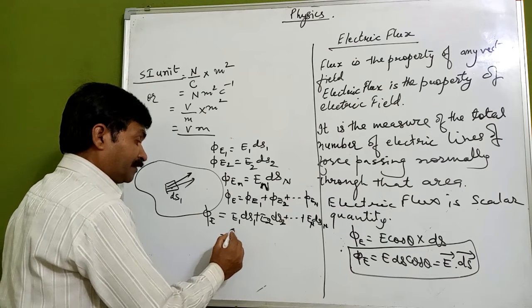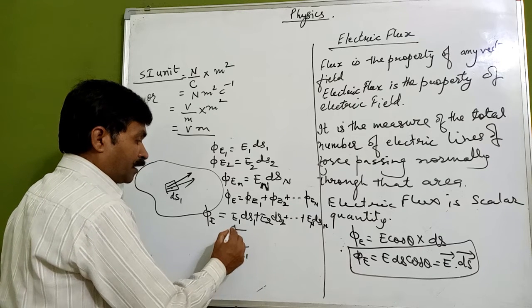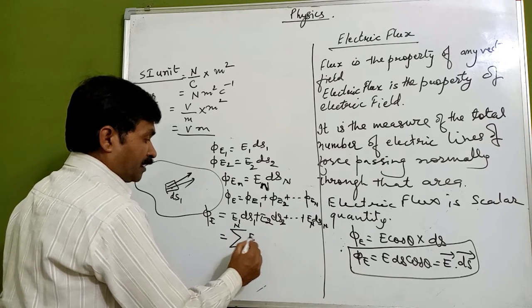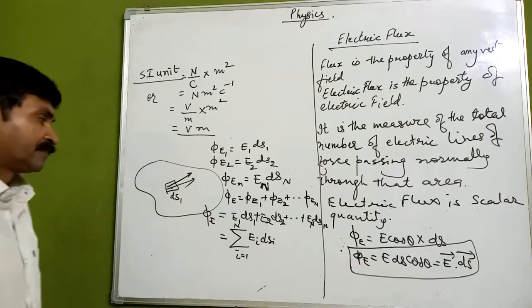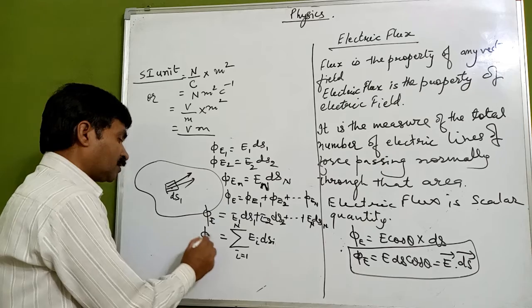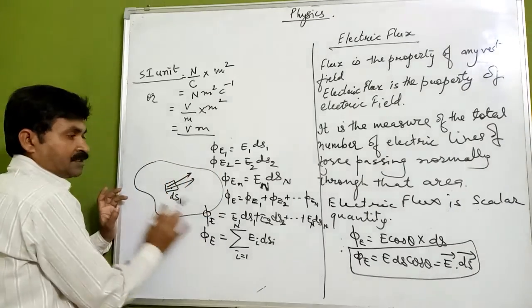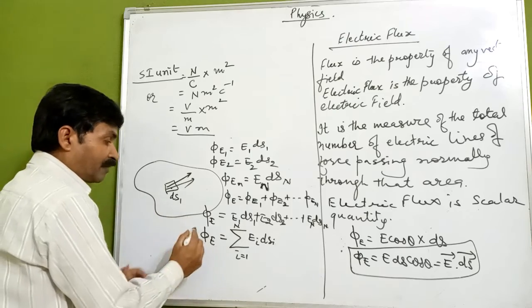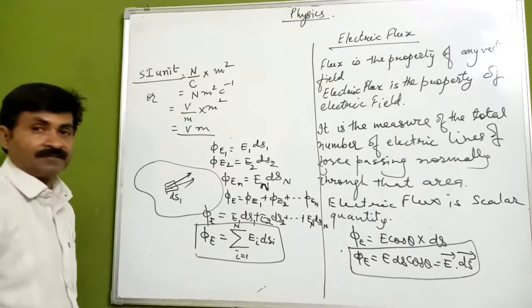If we write it like this, it is the summation from i equals 1 up to n of Ei dSi. So this gives us dS1, dS2, dS3, dS4, up to dSn, and finally we get the total electric flux, which will be given by this.